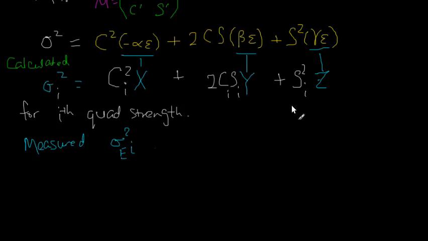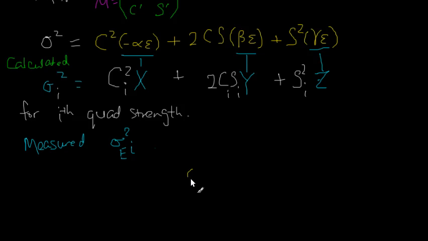So what we want to do now is this. We want to find the values of X, Y, and Z in order to minimize the difference between this sigma i squared and the measured sigma Ei squared. So we make up a target function for minimizing, and that could look like this.